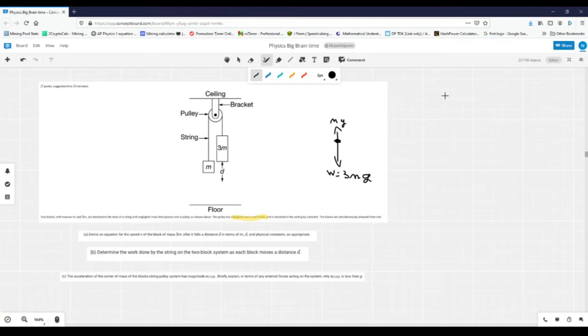So that's the issue, is that they both have increasing kinetic, but one has increasing potential and the other has decreasing potential. Yeah. So you need to do 3 mgh minus 1 mgh equals 1/2 4 mv squared. Right? Are that right in my head? Yeah, that should work.